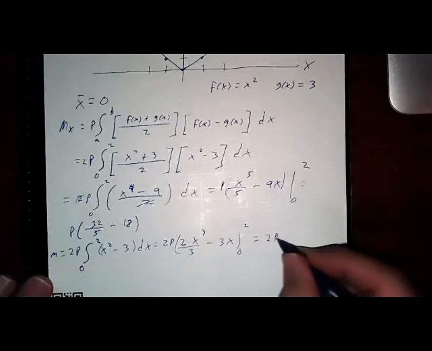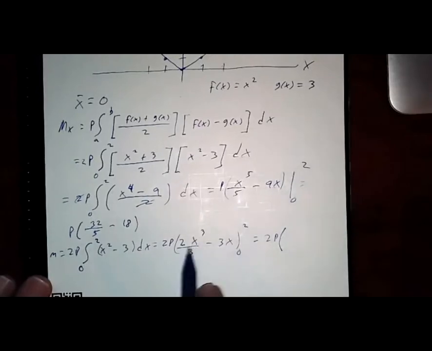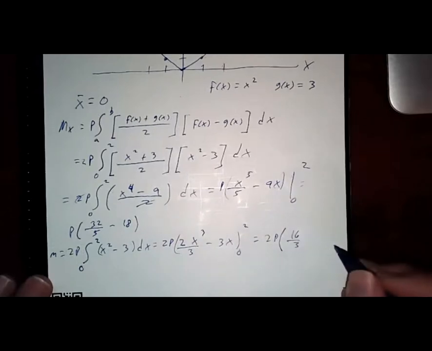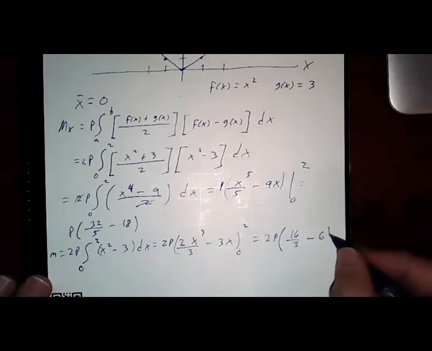So it'll be 2p times 2 to the third would be 2 to the fourth, which is 16, minus 6.